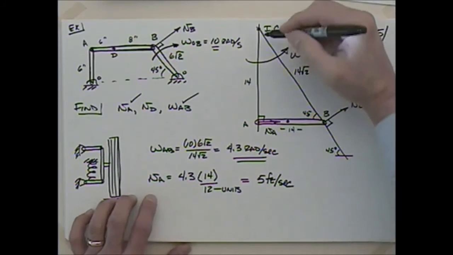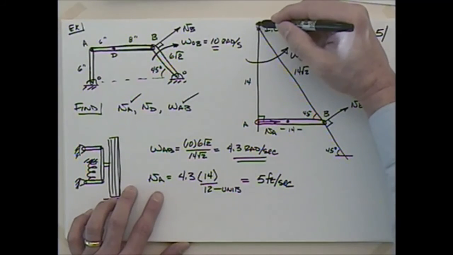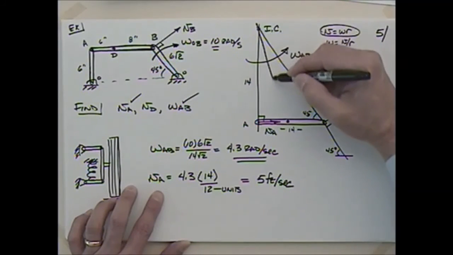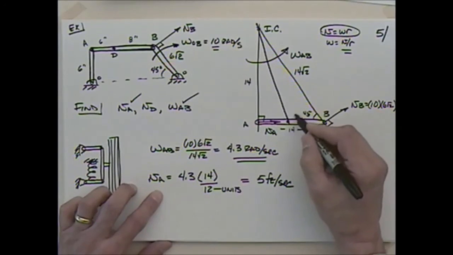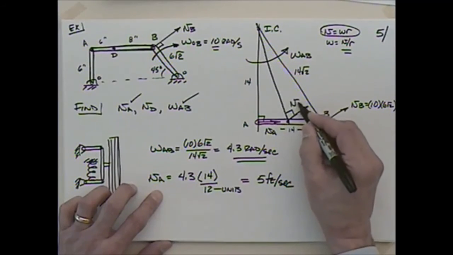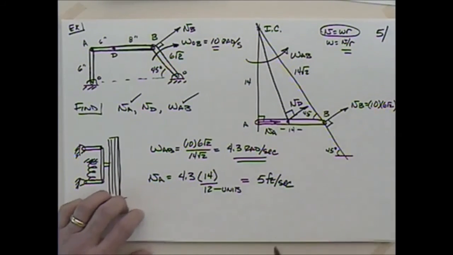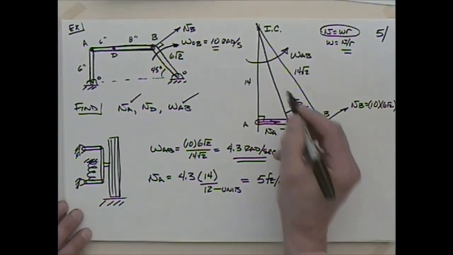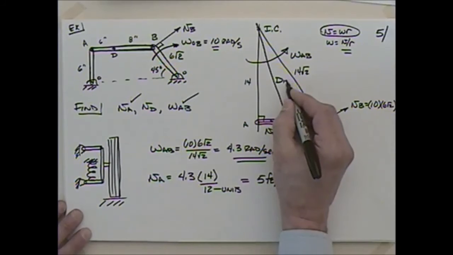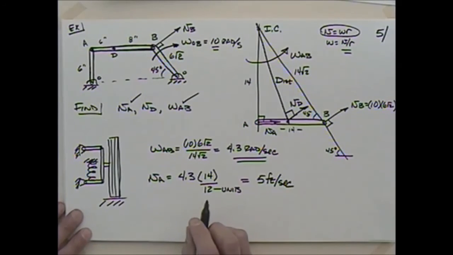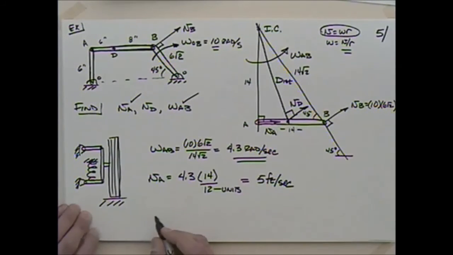So we do this to show you how easy this is. Again, going from my instantaneous center, I draw a line from the instantaneous center to that point D. And then where do I know my velocity is? Perpendicular to that. There's the velocity of D, isn't it? Okay. So now it becomes a simple matter of getting that distance. So what's that distance equal to?